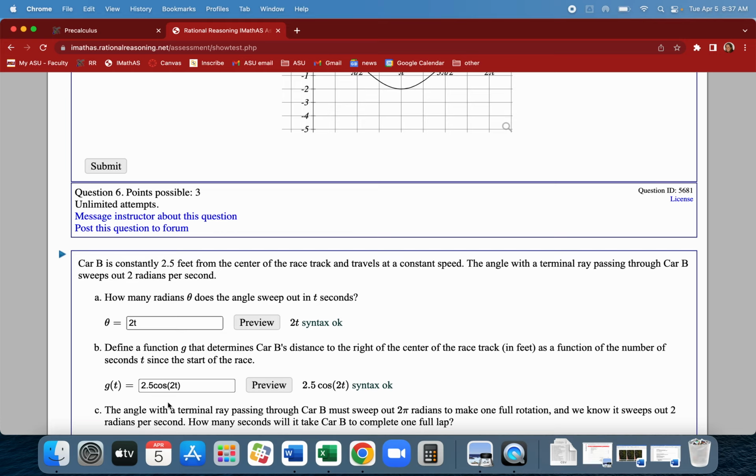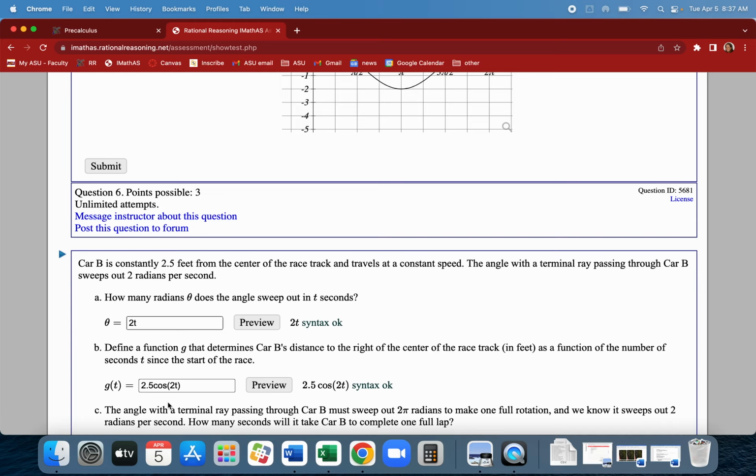So let's say I've got car C, which is 3 feet from the center. Or it's traveling along a path with a 3-foot radius. And let's say that it is traveling at a speed, not in radians per second, but let's say that it's traveling at a speed of something in feet per second.